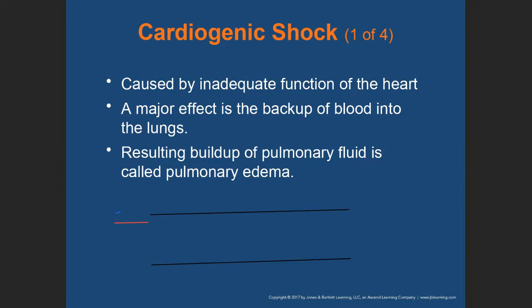So this is a blood vessel, and specifically, this is the coronary artery. So we have the coronary artery, okay? And there is fatty deposit or bad cholesterol building up in the coronary artery.